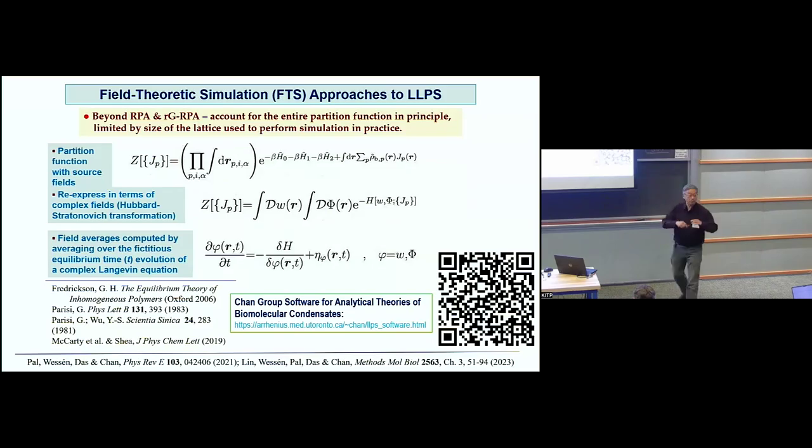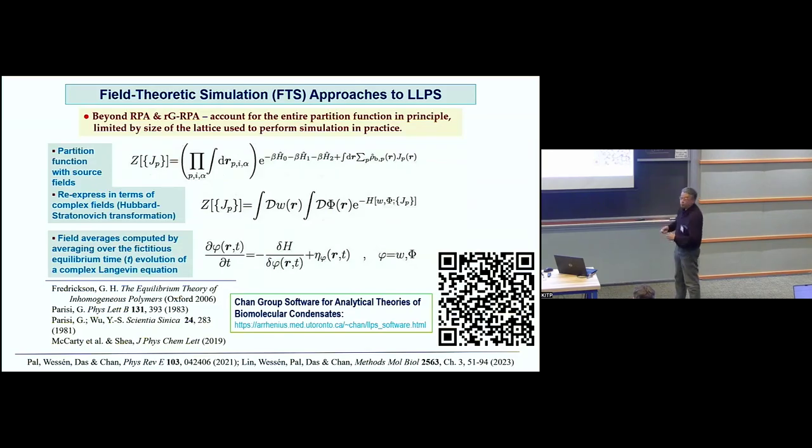Okay, very briefly, how it works is that you start with a general path integral in terms of coordinates of the chains, and then you do a transformation to a field theory with a complex field dealing with the density of the beads of various chemical species.